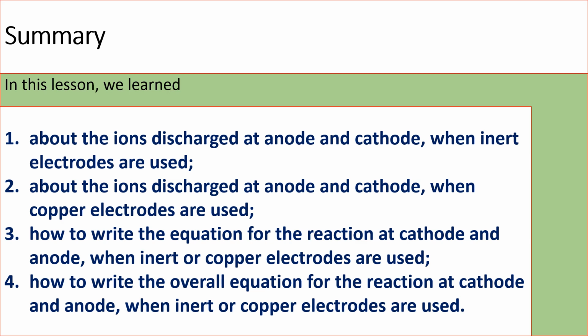We have also learned how to write the equation for the reaction at the cathode and at the anode when inert or copper electrodes are used. And lastly, we have learned how to write the overall equation for the reaction at the cathode and at the anode when inert or copper electrodes are used.